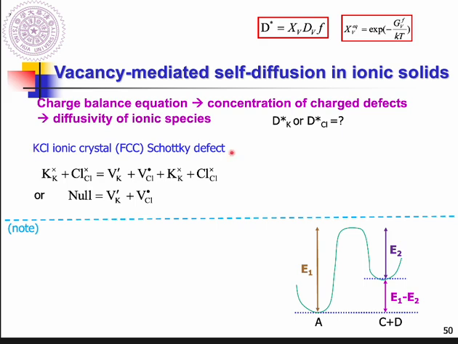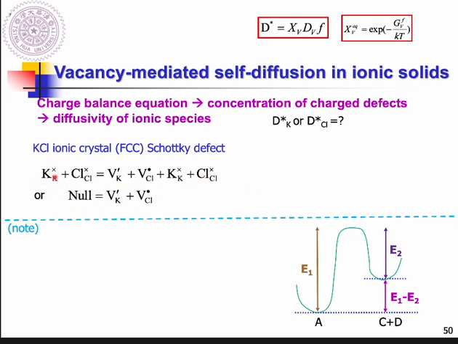In order to describe the Schottky defect forming in this potassium chloride ionic crystal, you can write this equation or this one.